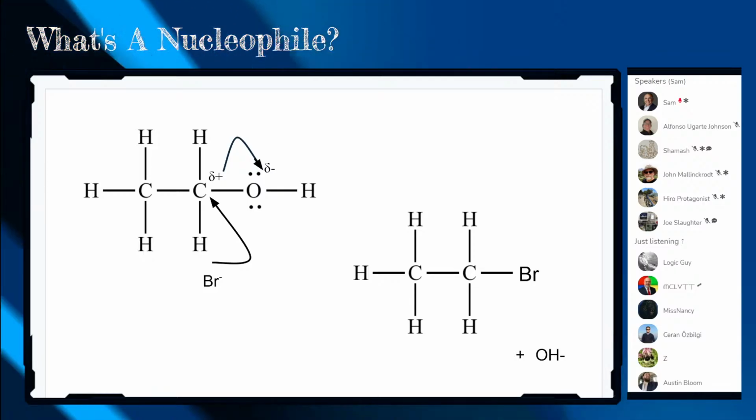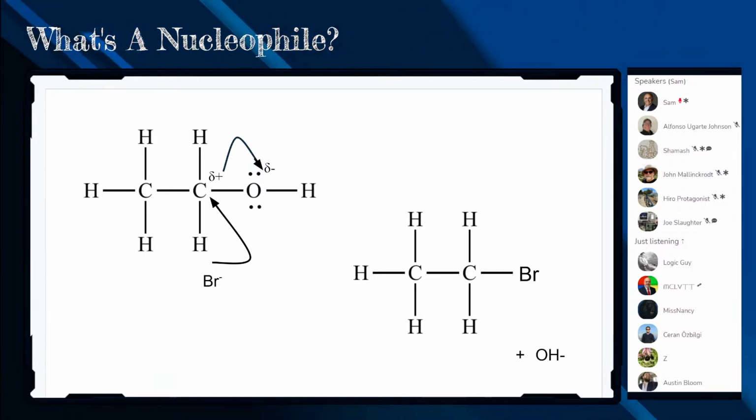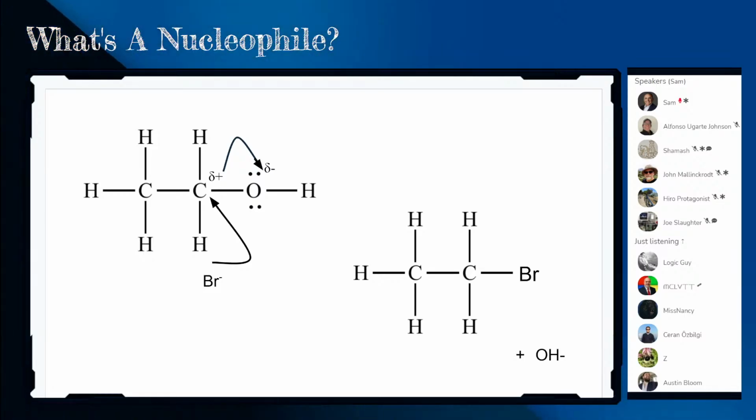And so that makes this a nucleophilic reaction, a nucleophile attack. And then that pushed the OH minus out. And so we substituted bromide for hydroxide. So it was a nucleophilic reaction that substituted one nucleophile for another nucleophile. So this is a nucleophilic substitution reaction.